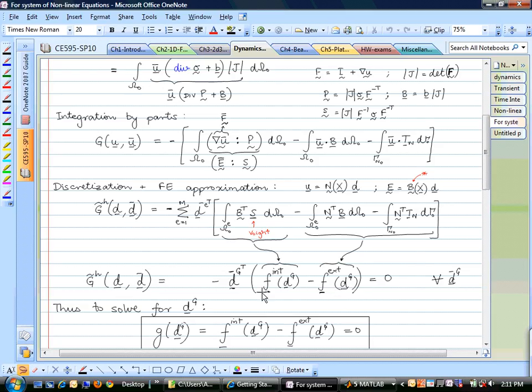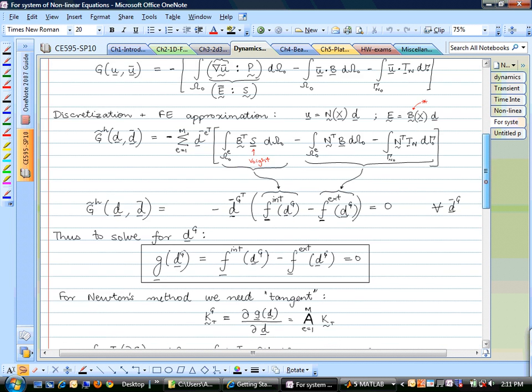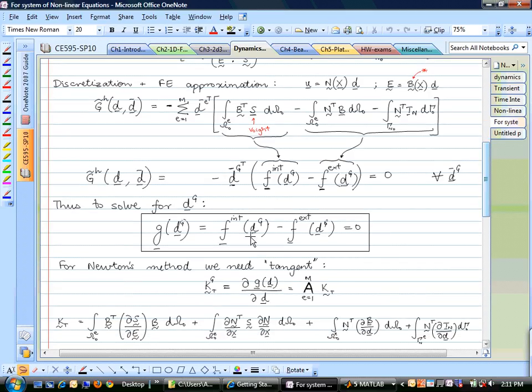So essentially all you're doing is solving a nonlinear system of equations. That's all that you're doing when you're solving these nonlinear problems. And instead of a scalar equation, you will have a vector equation. If this problem was linear, what would F internal be?